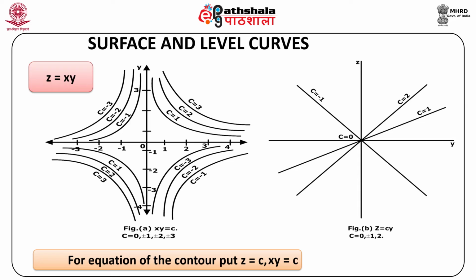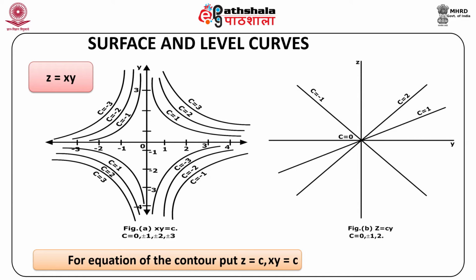Figure A shows level curves for c equal to 0, plus minus 1, plus minus 2 and plus minus 3. Whenever c is positive, the level curves are in the first and third quadrant of the OXY plane. And when c is negative, the curve would be positioned in the second and fourth quadrants.